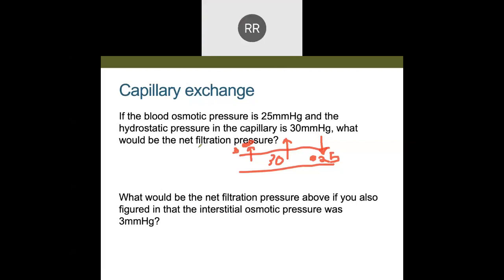But it should be in the same direction, shouldn't it? Because the difference is still on the one side. So if we're putting 5 with the previous 2 into the interstitium, and now we're saying we're pulling 3 also into the interstitium. Yeah, it'd still be the two left over.